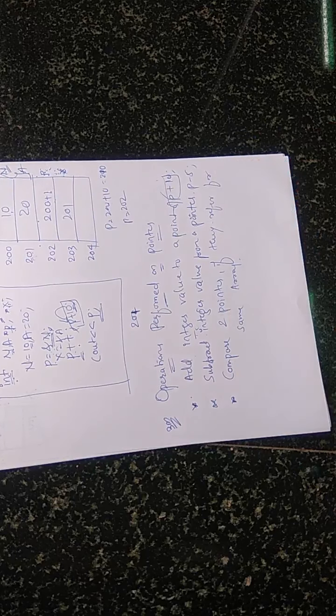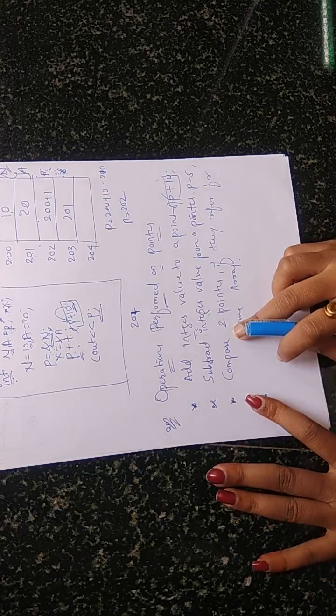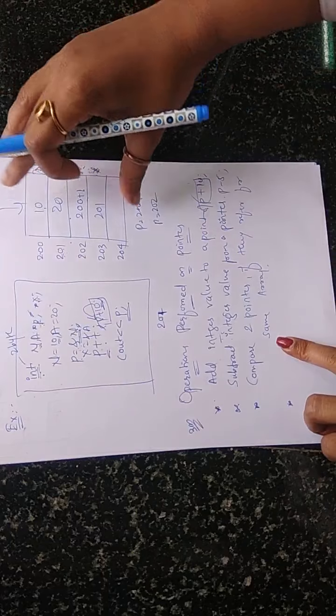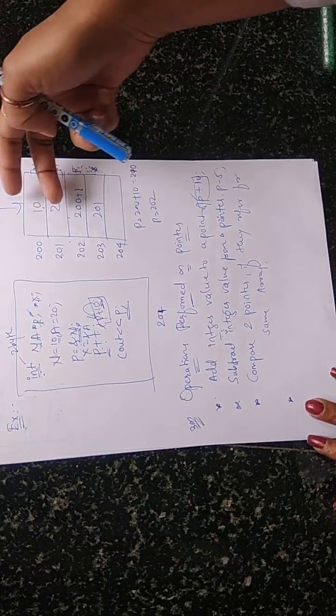Coming to the next operation, we can subtract one pointer from another pointer if both point to the same array. So the fourth operation says that we can subtract one pointer from another pointer if both point to the same array. The third operation is, we can compare two pointers when they are referring to the same array. Similarly, we can subtract those two pointers if both are referring to the same array.